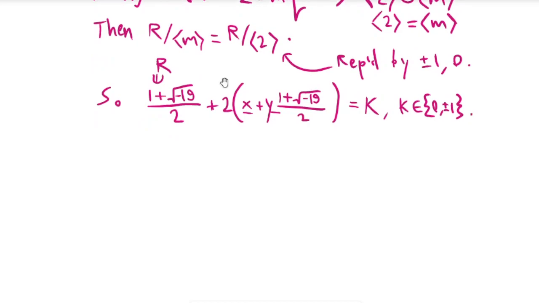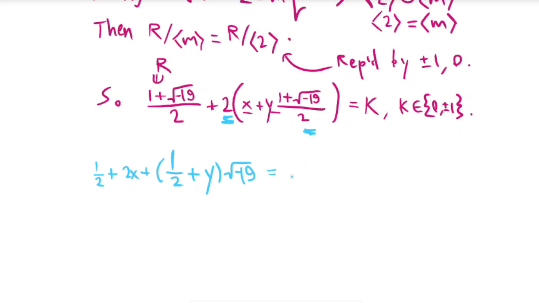Okay, and so this is going to be a contradiction by a similar approach to before. If you distribute and compare coefficients, right, here I have root negative 19 over 2, and then here I have 2 times y times root negative 19 over 2. So my coefficient over here is just 1/2 plus y. So I have (1/2 plus y) root negative 19, and then I guess I have 1/2 plus 2x as well.